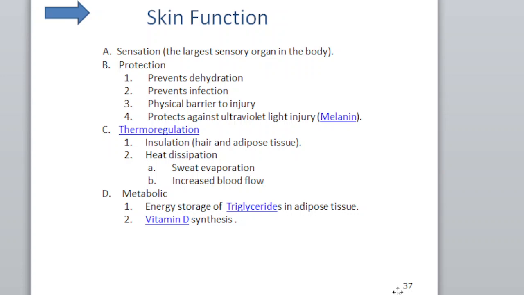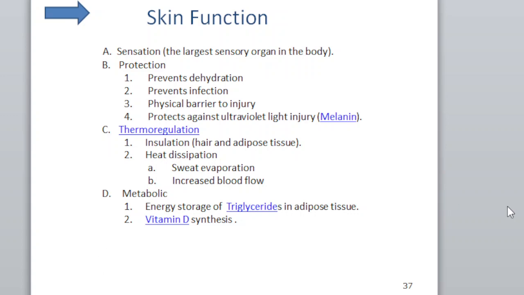Physical barrier to injury. 4. Protects against ultraviolet light injury, melanin. C. Thermoregulation. 1. Insulation, hair and adipose tissue. 2. Heat dissipation.